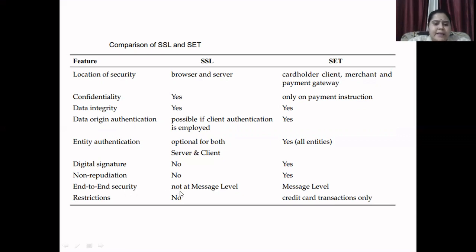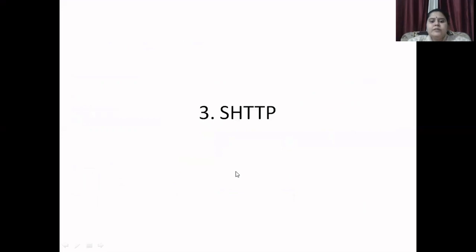And in SSL, the end-to-end security is not at the message level, but in SET the end-to-end security is at message level. Next, there are no restrictions in SSL, but in SET there is a restriction of credit card transactions only. Now see what is SHTTP.